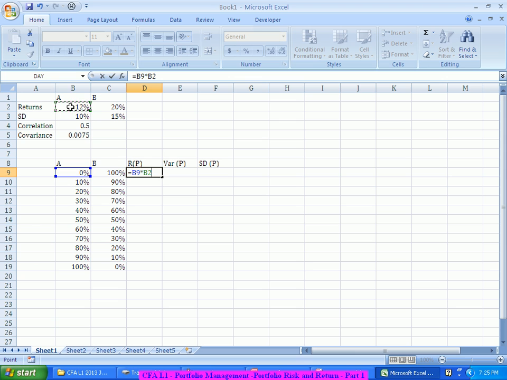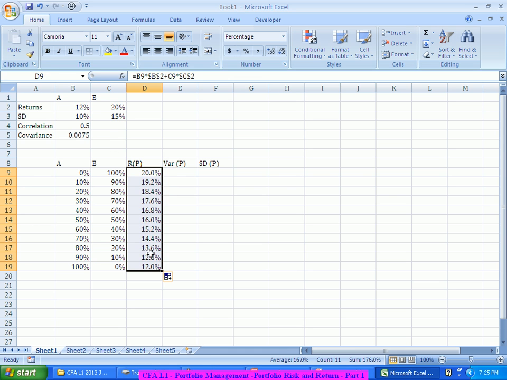If I put my entire money in B, my return is 20%. Now I am dragging it down. If I put my entire money in A, I'll get 12%. And anywhere in the middle, my return would be in the middle. Because it's a weighted average, it will lie between the minimum and the maximum value, so between 12 and 20. Whereas with the variance, that's not the case. It changes with the correlation between them.